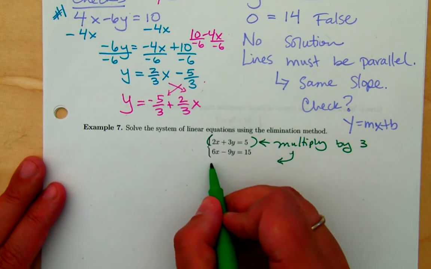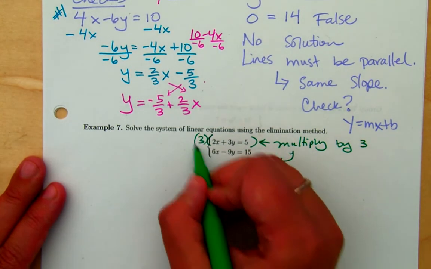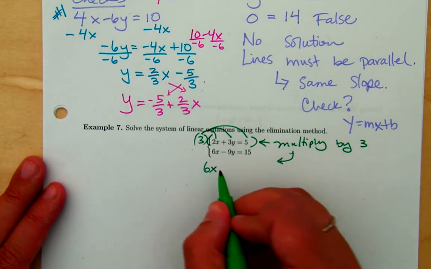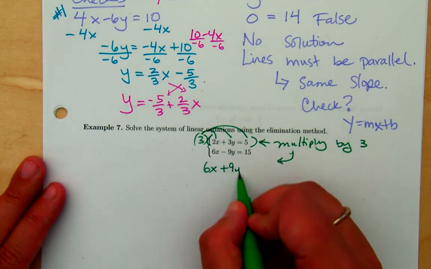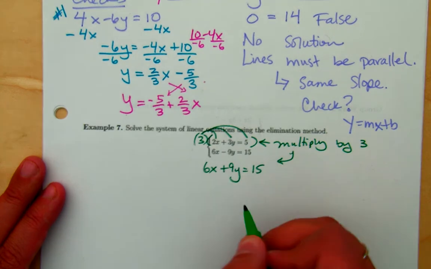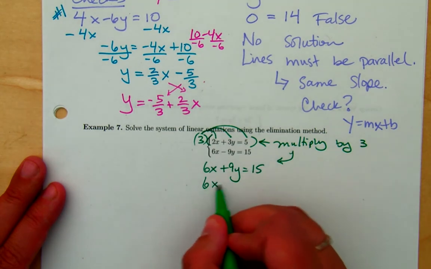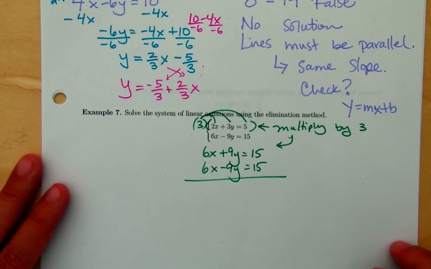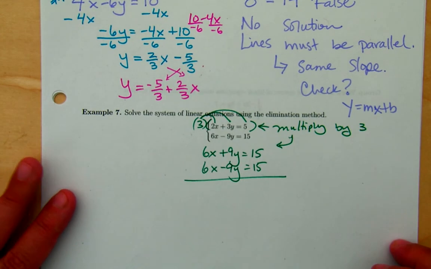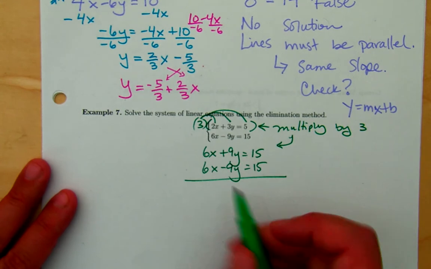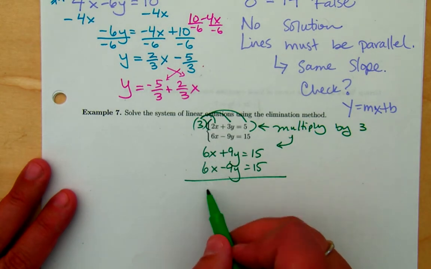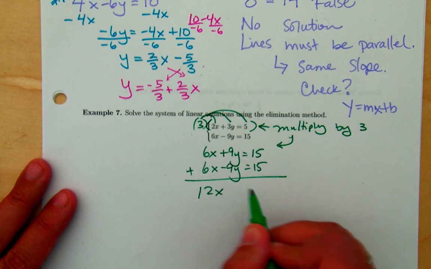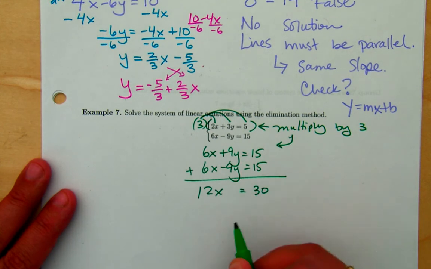I'll write it down below. 3 on both sides. Okay. Now I have 6x minus 9y equals 15. That's the second one. Okay. And what do we get now if we add these? So 6x plus 6x is 12x equals 30, right?